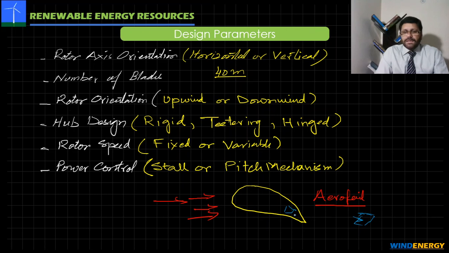So this profile is going to change by adding these profiles. You have sensors, and these sensors provide information to the control system, and due to that, the control system controls these additional profiles or flappers, which control the speed or the power. So this is pitch mechanism.